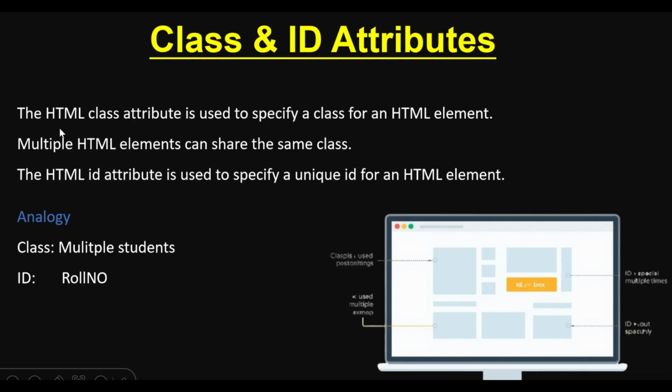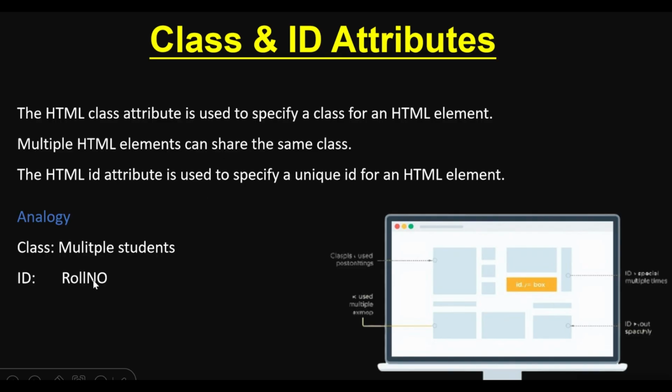Let's see the details. The HTML class attribute is used to specify a class for an HTML element. But what is the difference? Multiple HTML elements can share the same class.